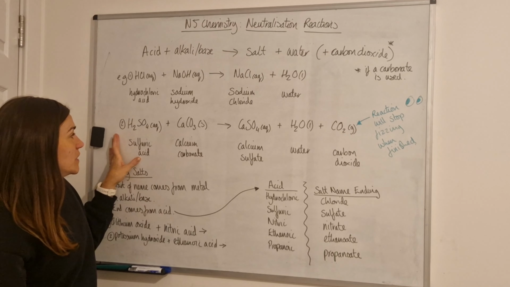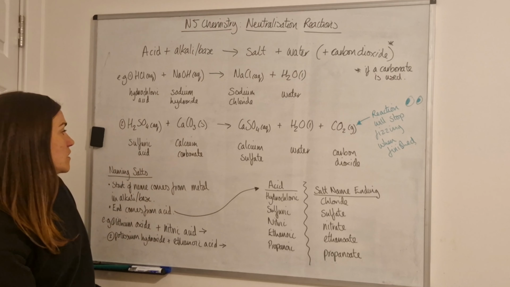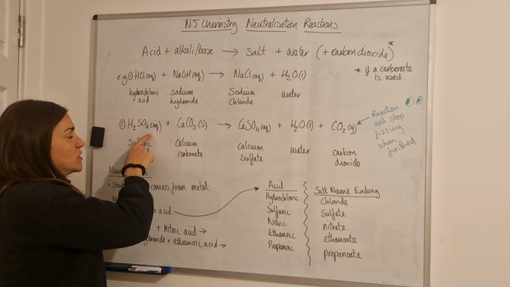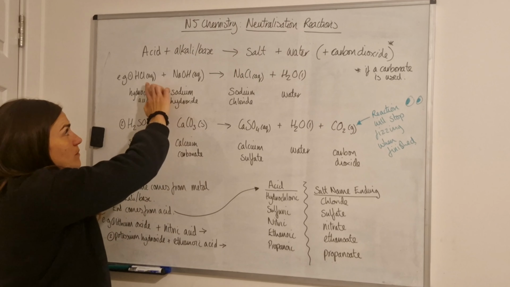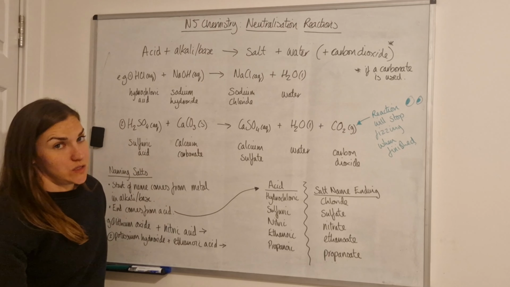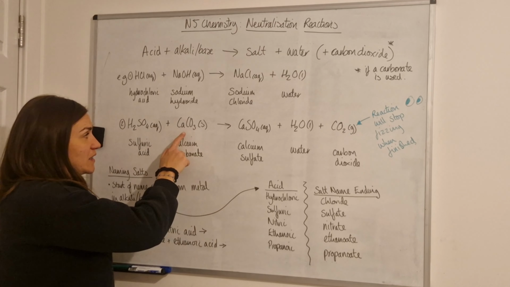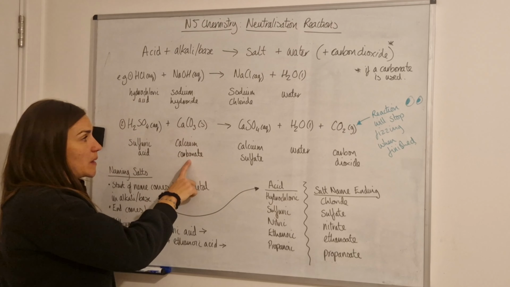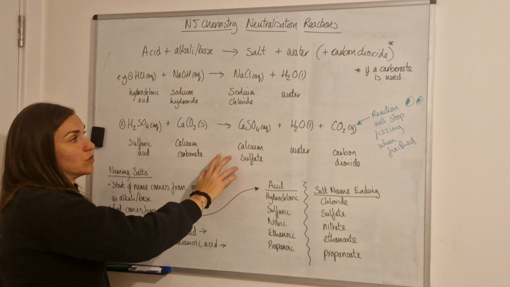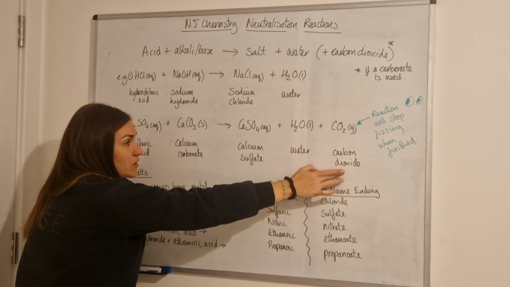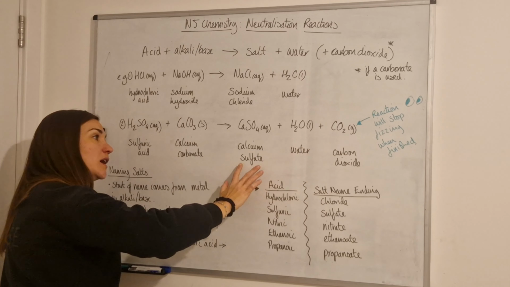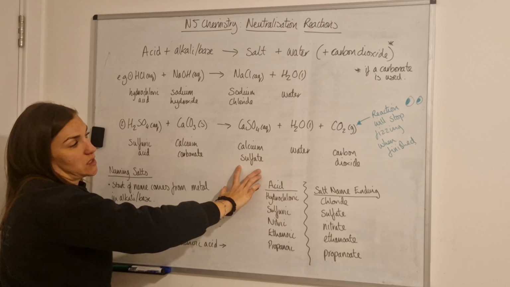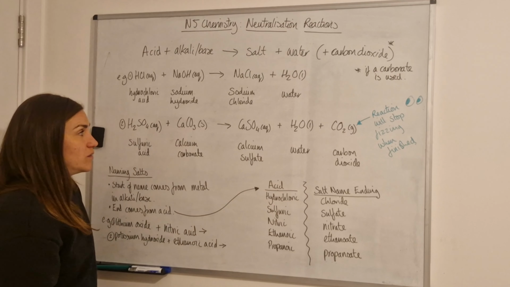In the second example here, we do have a carbonate. We've got sulfuric acid, which is H2SO4. It's worth remembering the chemical formulas of these common lab acids. This time we're reacting it with calcium carbonate. So we will make carbon dioxide as well as the water and the salt, which in this case is calcium sulfate.